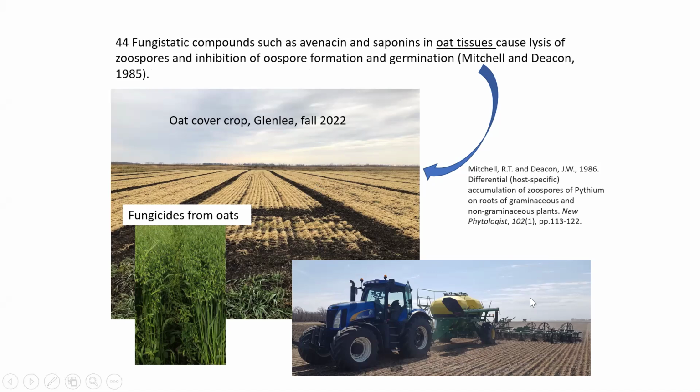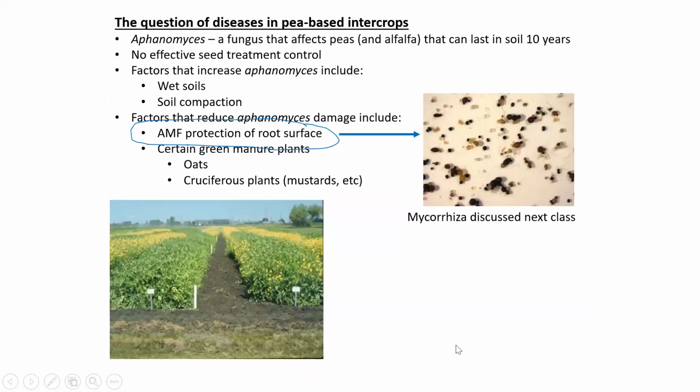And here we have an organic farm in Manitoba, and you can see the oat cover crop. This is springtime, spring seeding. The oat cover crop has died over winter due to frost, and now they're direct seeding into there with the hopes of having some fungicidal benefit of those oats.